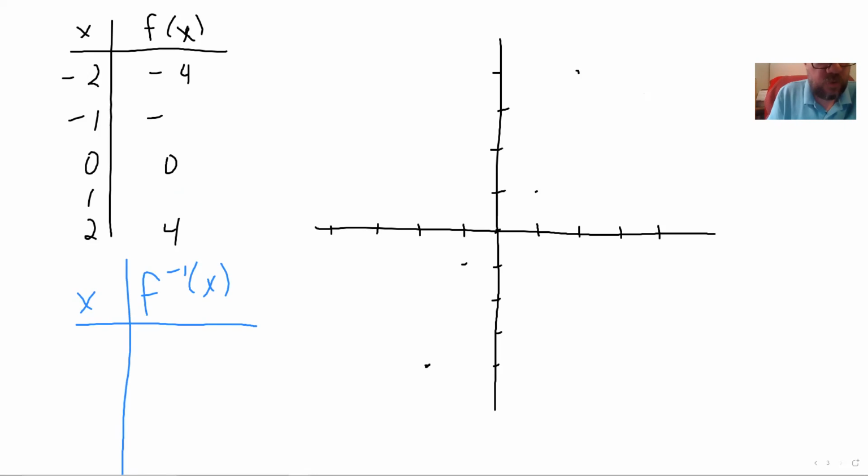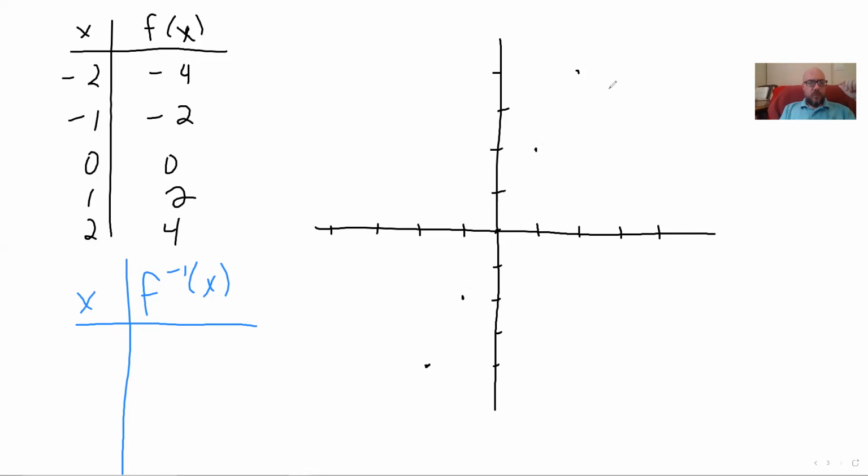Otherwise, you'll see why I wanted to do that in just a second. I don't like where this is going. 2, 2, and then I can erase these guys, here and here. Okay.